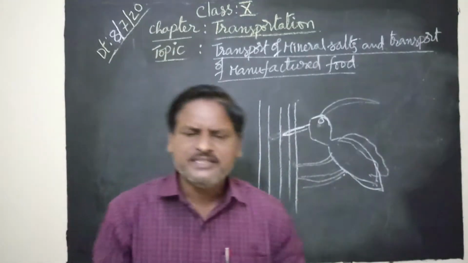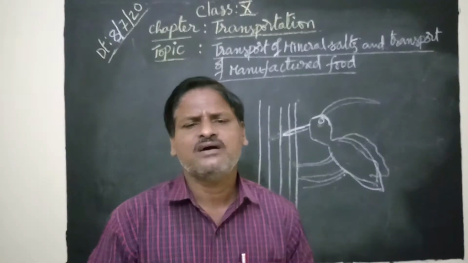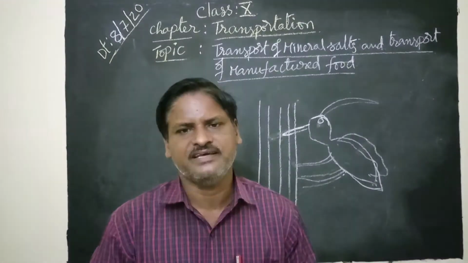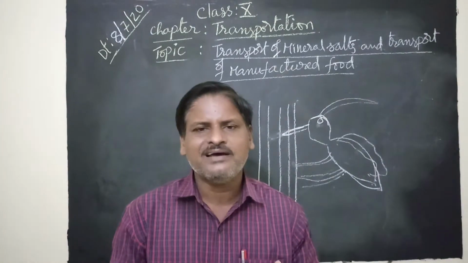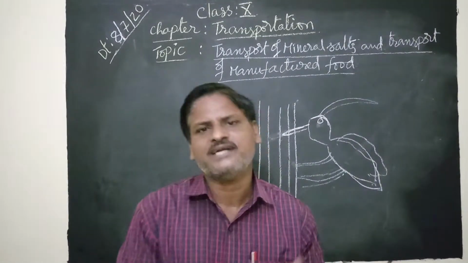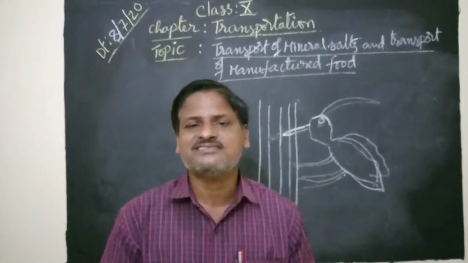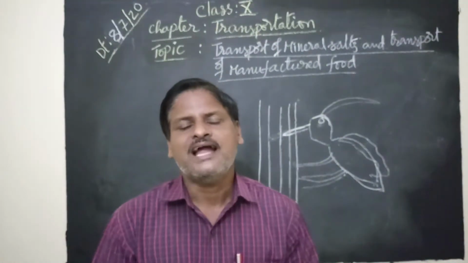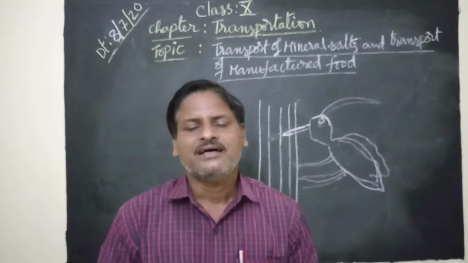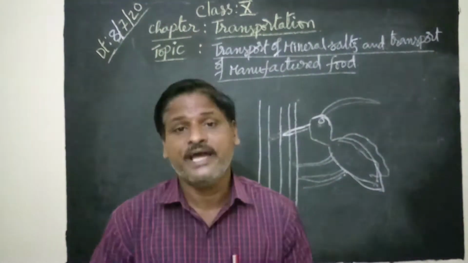In the water, many salts and minerals are there. These are present when the roots are absorbing the water. So in the water these mineral salts dissolve, and immediately they are divided into ions.